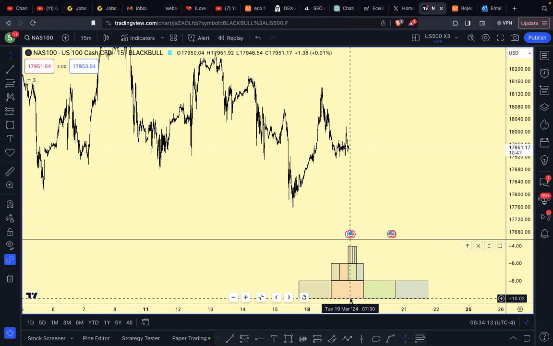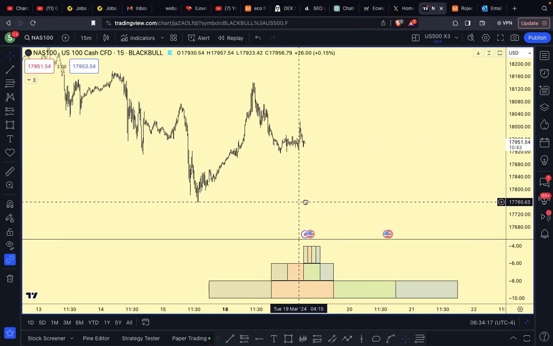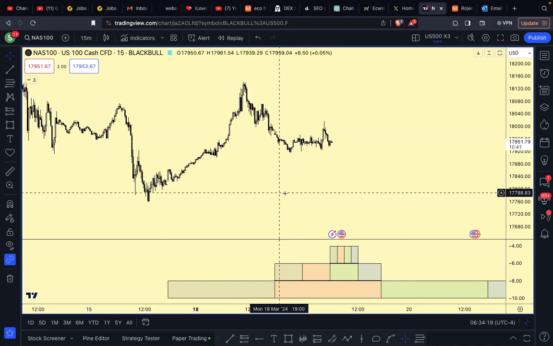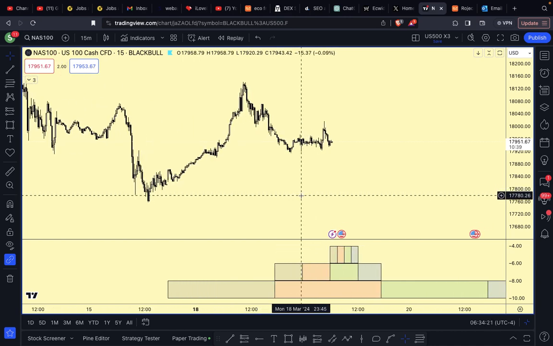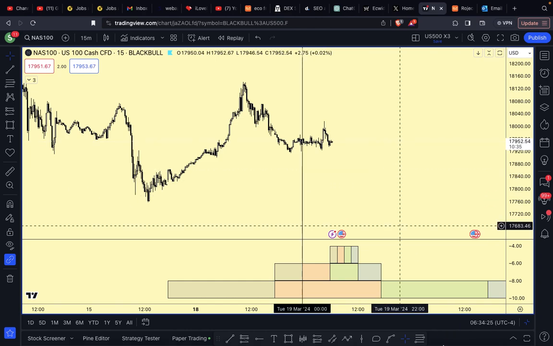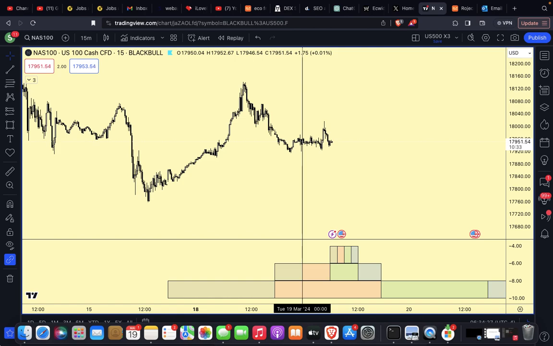We're looking at the Nasdaq via the M15. And I just put a vertical line to delineate where the day started off.